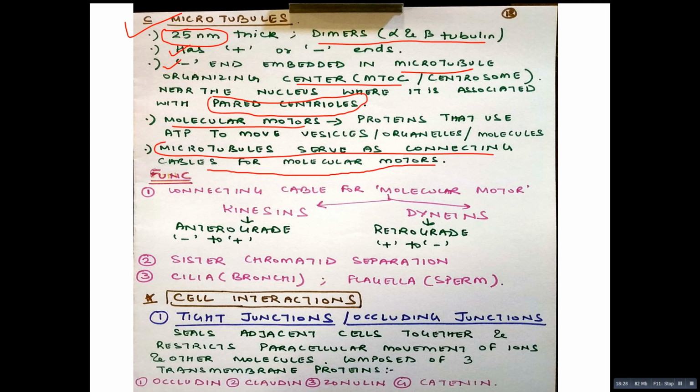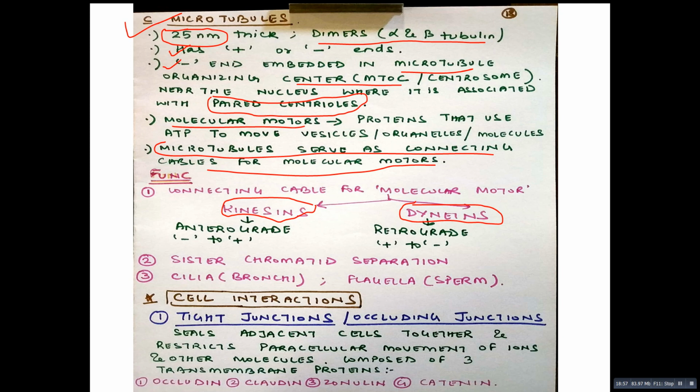So the microtubules act as a connecting cable for molecular motors, the molecular motors being kinesins and dyneins. Kinesins help in anterograde transport from the negative to the positive end, whereas dyneins help in retrograde transport from the positive to the negative end. So microtubules, number one, act as a connecting cable.